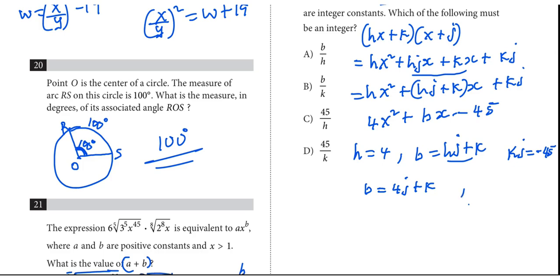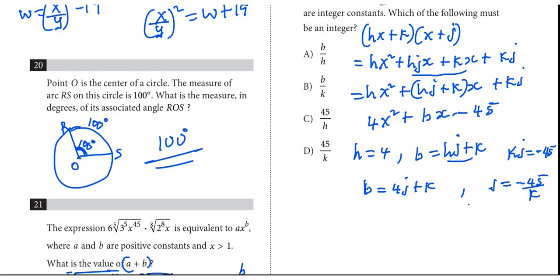So if we divide both sides by k, then j will be equal to negative 45 over k.